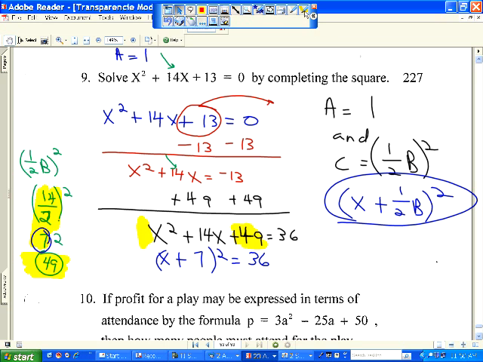We learned on that lesson that if we wanted to get this in graphing form, what would you do? Move the 36 back to the left. So graphing form is x plus 7 square minus 36 equals 0. All you do is move the 36 back over and it's in graphing form. But we're not really trying to graph, we're trying to solve.